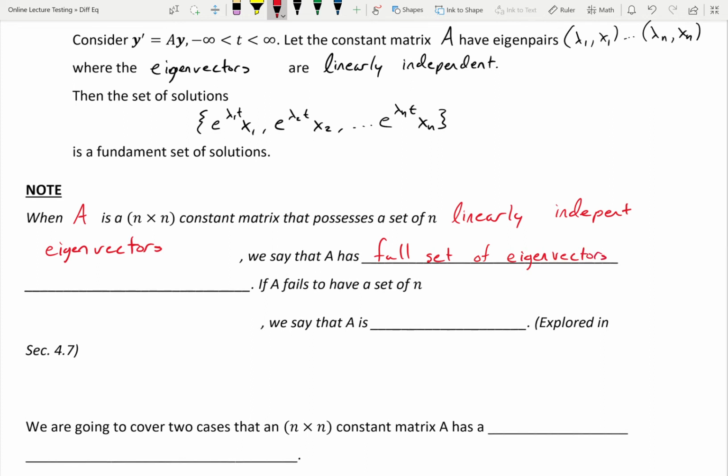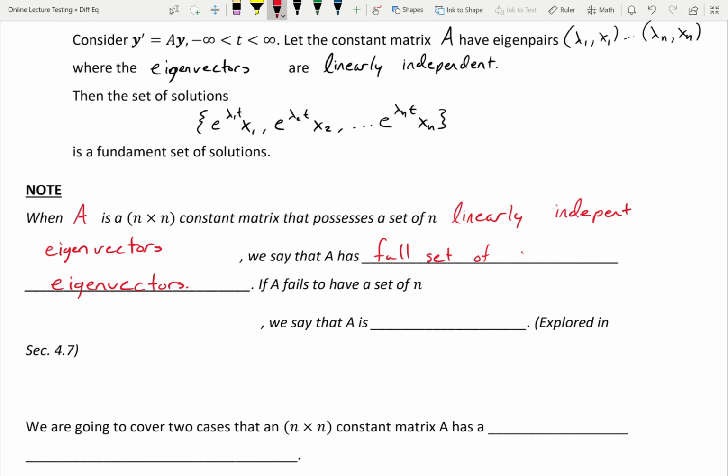And we're going to talk about what a full set means here in a second. So again, if it has n linearly independent eigenvectors, then we can say that it has a full set.